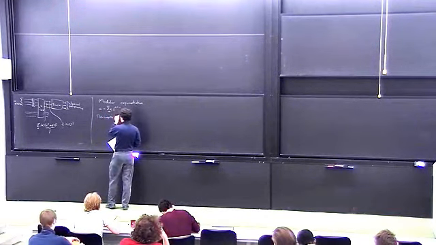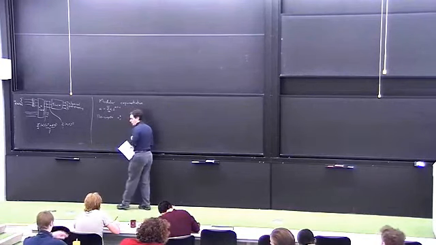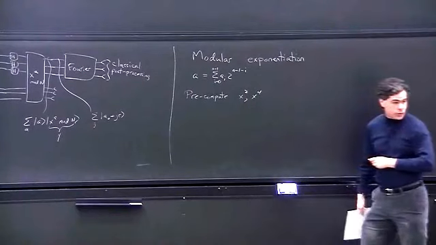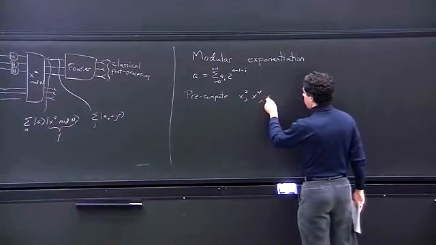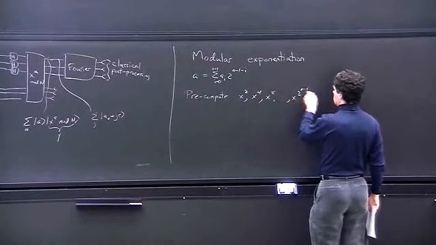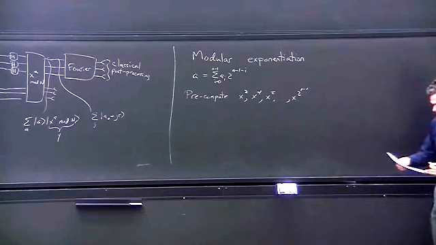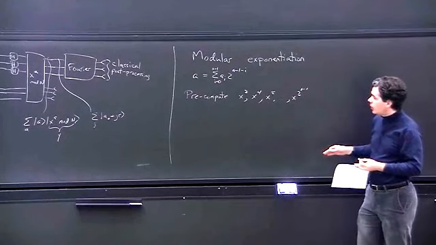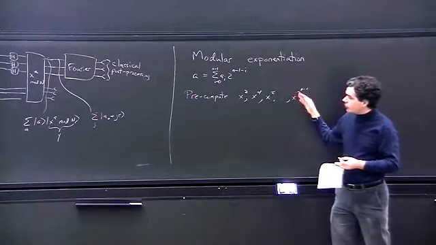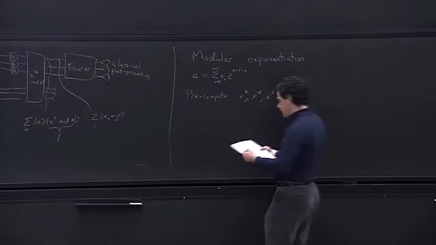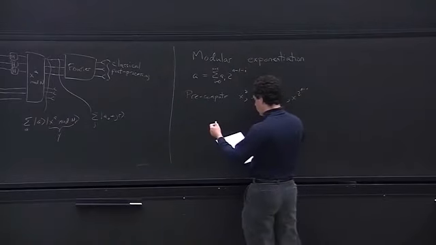So we compute, well, we already have x, so we compute x squared by multiplying x times x, x to the 4th by multiplying x squared by x squared, x to the 8th, and so on, up to x to the 2 to the n minus 1. And we can just do this classically, because these classical numbers will then tell us the quantum part that we have to do there, which is a bunch of controlled additions.